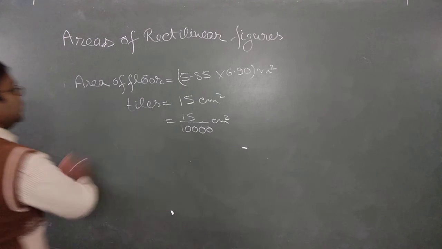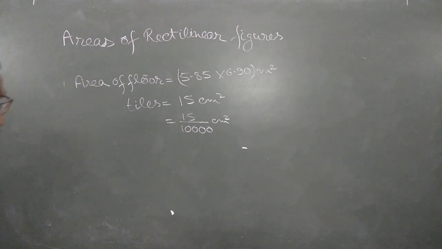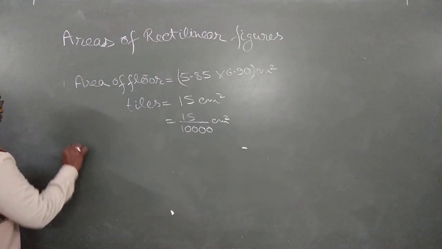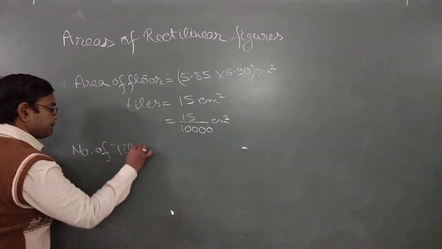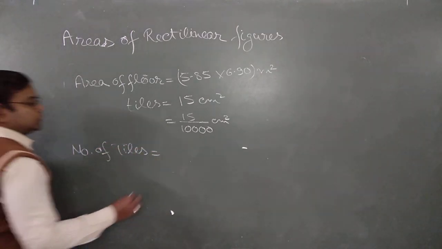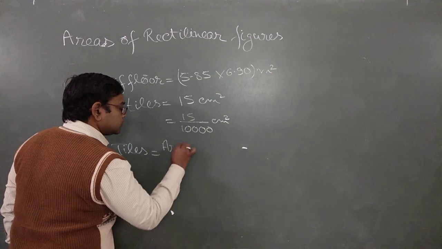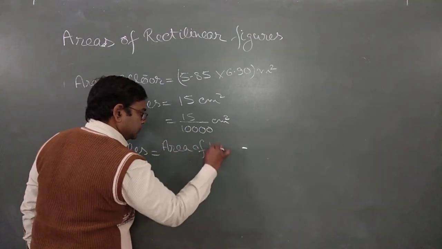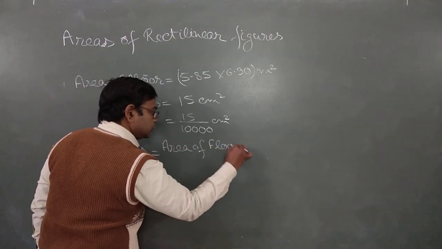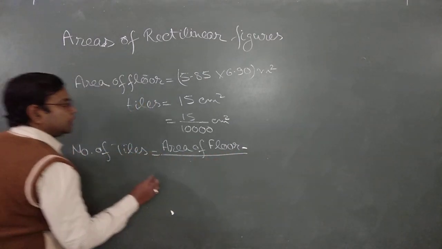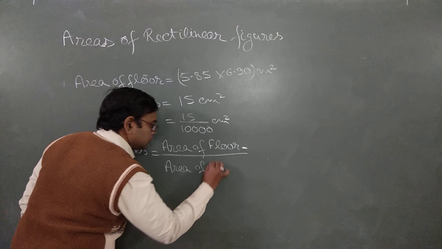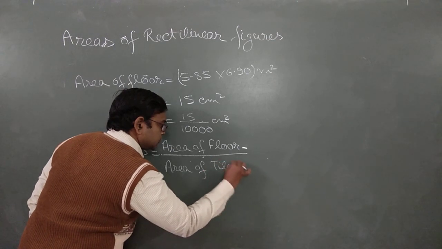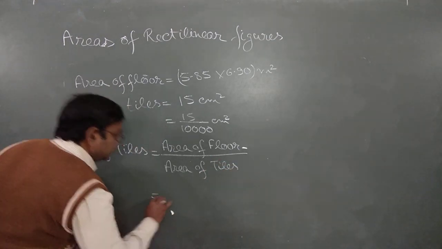Okay. Now area of tiles and floor are given, number of tiles equals area of floor by area of tiles. Area of floor means what?